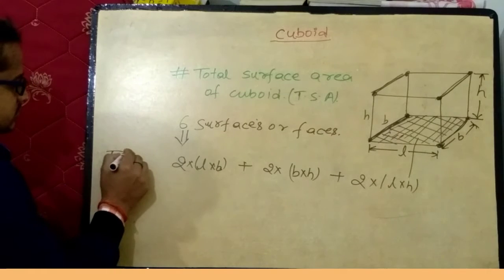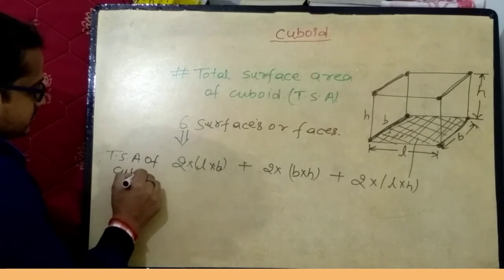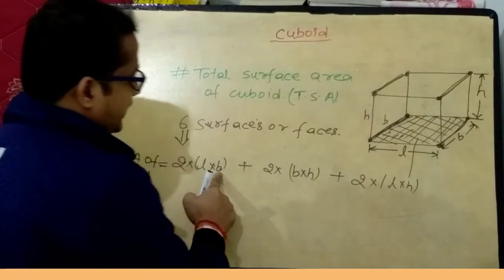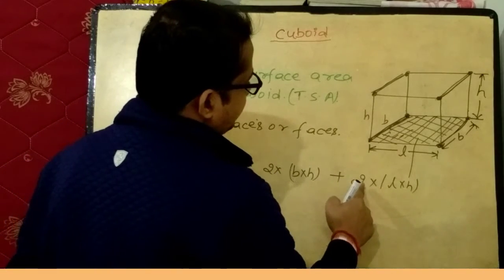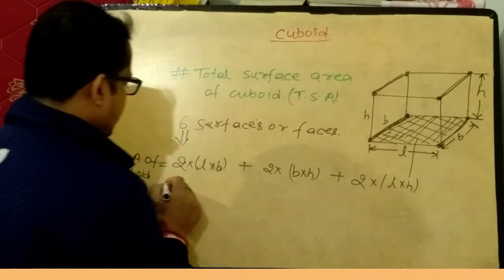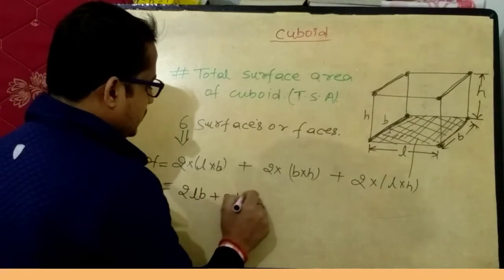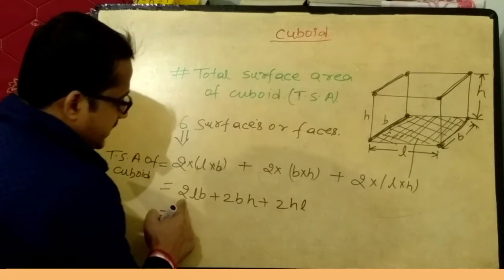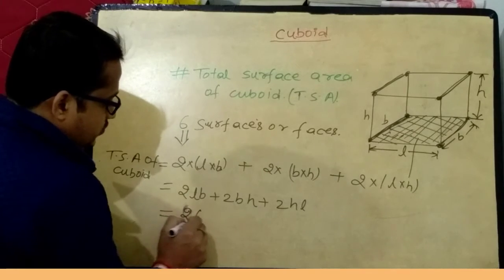So total surface area of cuboid equals 2 into LB, add 2 into BH, add 2 into HL. So you can write this as 2LB + 2BH + 2HL. 2 is common in all these 3 terms, so take 2 as common.